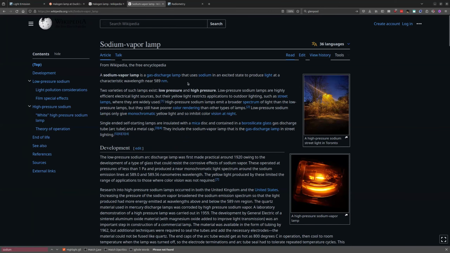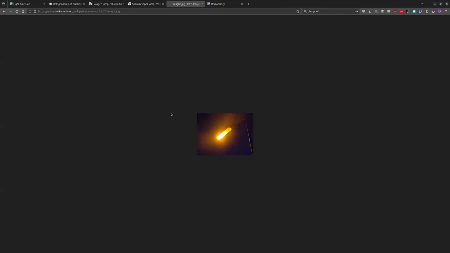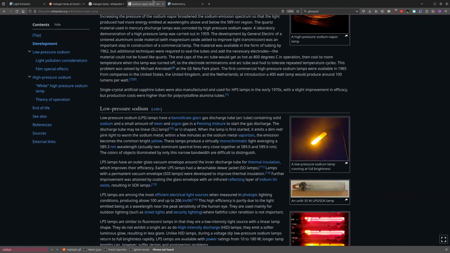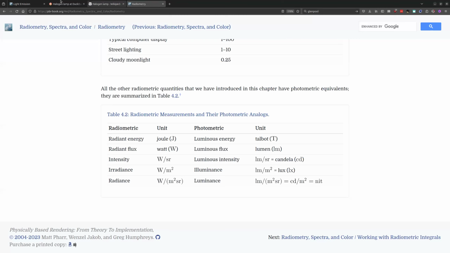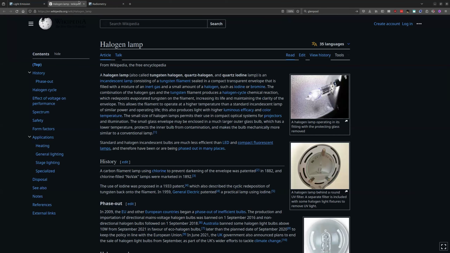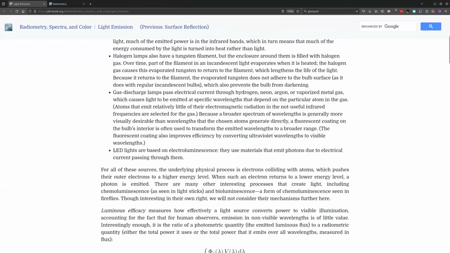I think the low pressure sodium ones are the ones that street lights often were, at least in older times, with that characteristic orange glow, because it emits light at 589 nanometers, because it's fluorescing. Anyways. And then we have LED lights, which are awesome and we should always use all the time, except when we shouldn't.